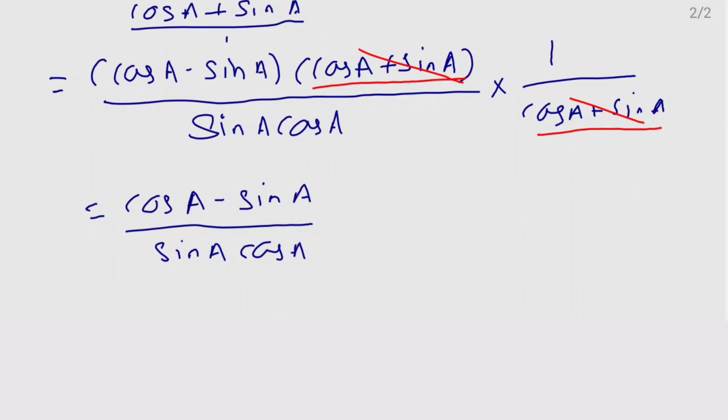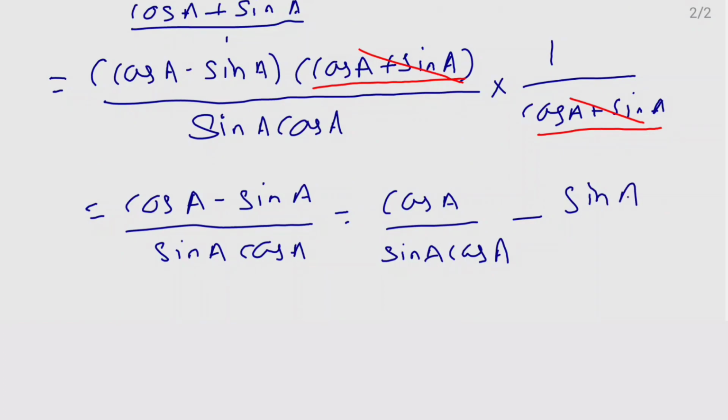So write here separately, this becomes cos A divided by sin A into cos A, and minus sin A divided by sin A into cos A. Cos A get cancelled, and here sin A get cancelled.